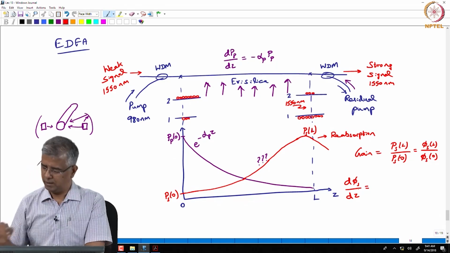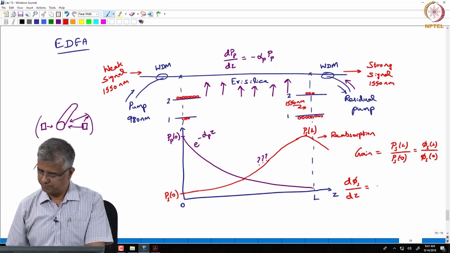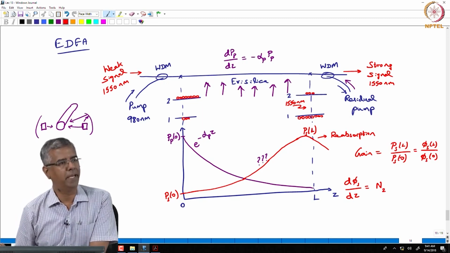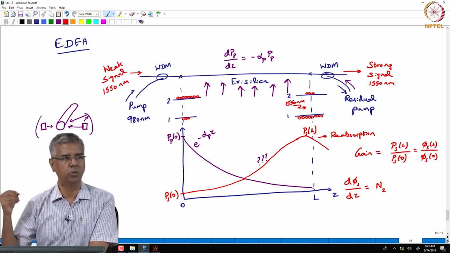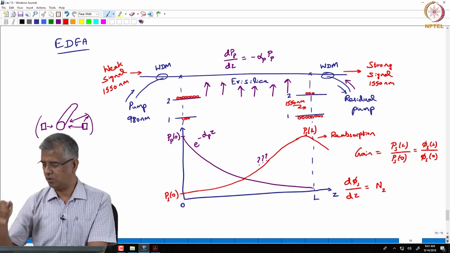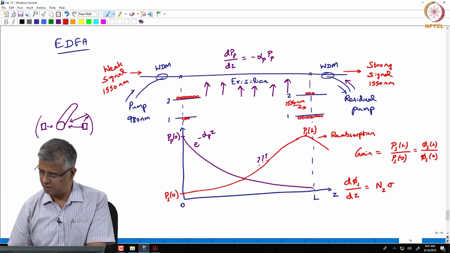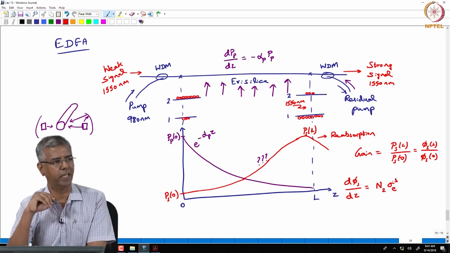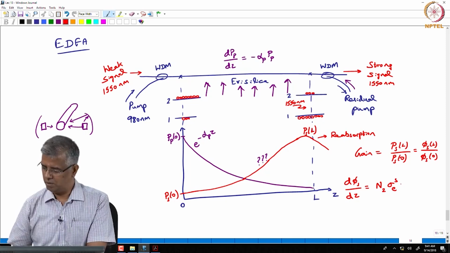That I can write as N2, and I will not use Wi anymore, because I want to bring out the fact that sigma E and sigma A are different. So I would write this as sigma E at the signal wavelength, multiplied by phi s.